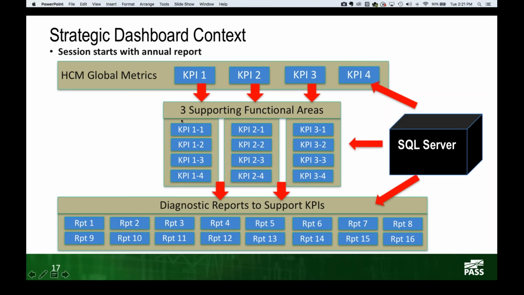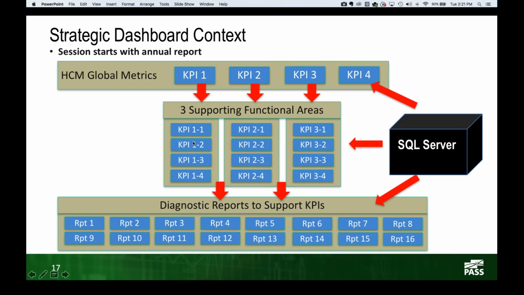And then there tend to be 3 or 4 functional areas. We'll use the example of human resources again: there's an onboarding of employees, there's a management of employees, and then there's an offboarding of employees, et cetera. So even though the HCM lead may have 15 direct reports, you can broadly put those into 3 or 4 functional areas.